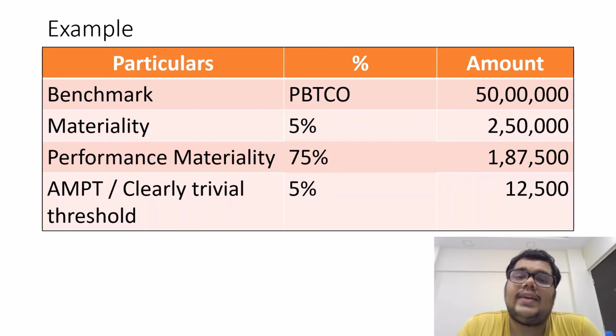So if some misstatement is detected later, I still have a tolerance level between 2,50,000 and 1,87,500. But if I stick to 2,50,000 only during my audit, and later I come to know of some error that takes my total errors above 2,50,000, then my audit will go for a toss. That's why we determine PM, which is a sort of working materiality. We use it during the audit. So this is the basic difference between materiality and performance materiality.